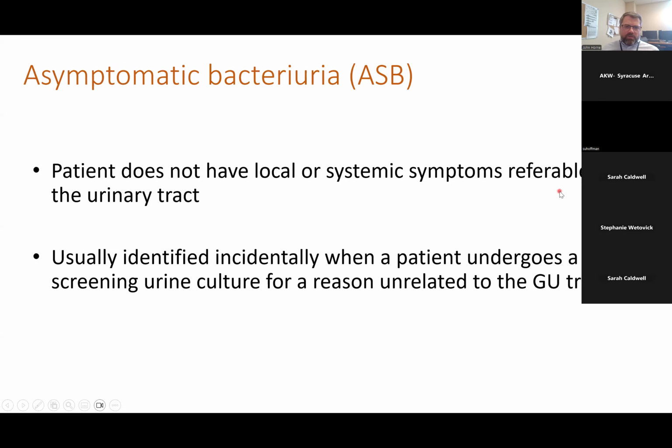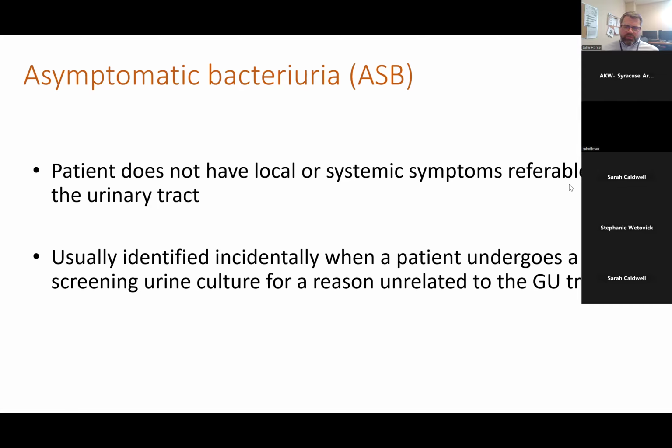So the patient does not have local or systemic symptoms referable to the urinary tract. Sometimes, when I talk to people, they'll say they want to treat for a urinary tract infection, and then I ask, what are their symptoms, or are they having symptoms? And they'll say, oh yes, they're having something, and then they'll say something that is not urinary symptoms.